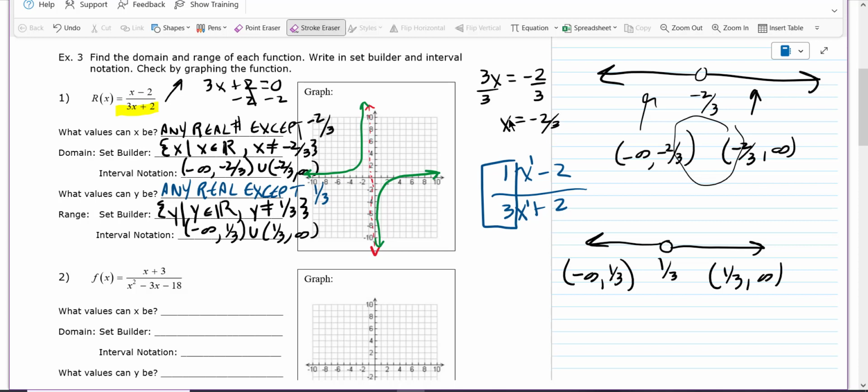The reason you have to have parentheses is because if you had brackets on 1/3, you would be telling me it's okay for y to be 1/3, and it isn't. Does that make sense? Okay, all right, that's the hardest part of these problems, is figuring out the range. Figuring out the domain, there's always a process that will get you there, okay?